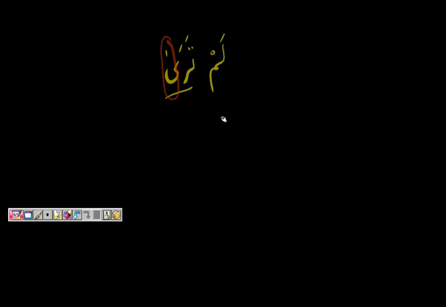So we say lam, without the ya, tara. And we'll learn about the details of that later. But it's the same verb, ra'a yara. So alam tara. كيف فعل ربك بعاد.